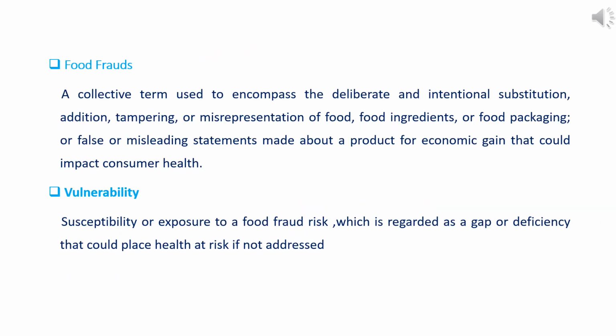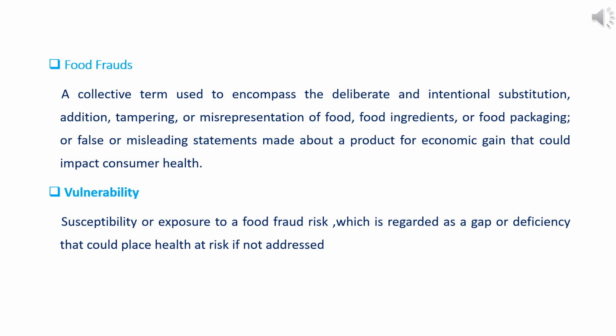While discussing VACCP, the main two terms that come up are food fraud and vulnerability. Food fraud is a collective term used to encompass the deliberate and intentional substitution, addition, tampering, or misrepresentation of food, ingredients, or food packaging, or false or misleading statements made about a product for economic gain that could impact consumer health.